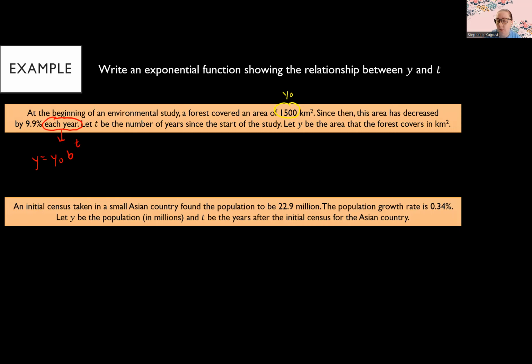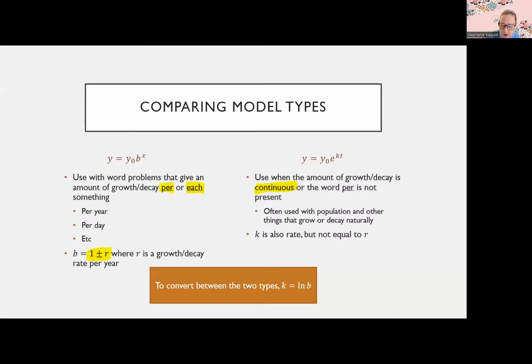Now, our B here is not a percent. We're being given a percent. It's being decreased by 9.9% each year. So this is where we go back to the fact that B is equal to 1 plus or minus R. It'd be 1 plus a percent if we're growing, or 1 minus a percent if we are decaying.